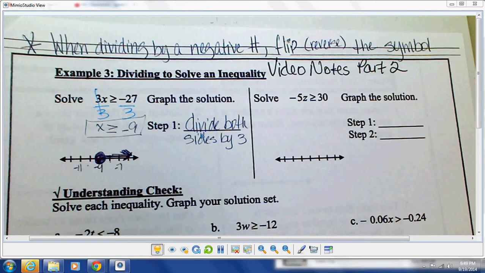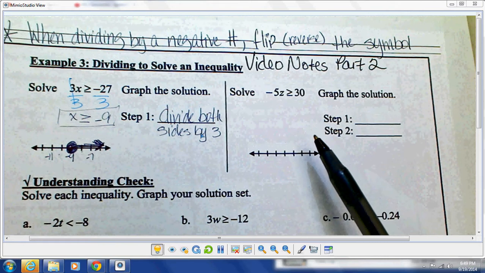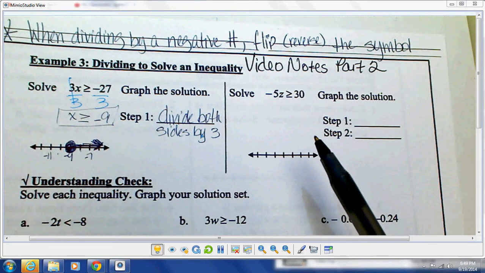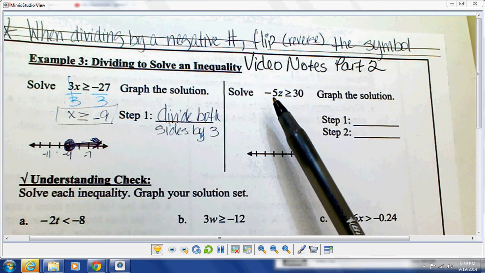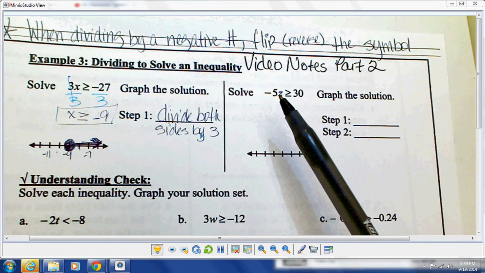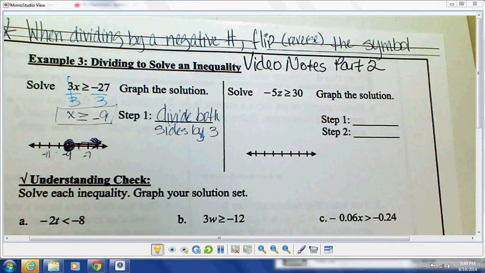Okay, now, in the next part, over here to the right, we have negative 5z is greater than or equal to 30. So notice we've got a negative over here, so that should automatically tell you right there we're going to have to divide to solve, and we're going to have to divide by this negative number. So remember, it says when dividing by a negative number, flip that symbol.